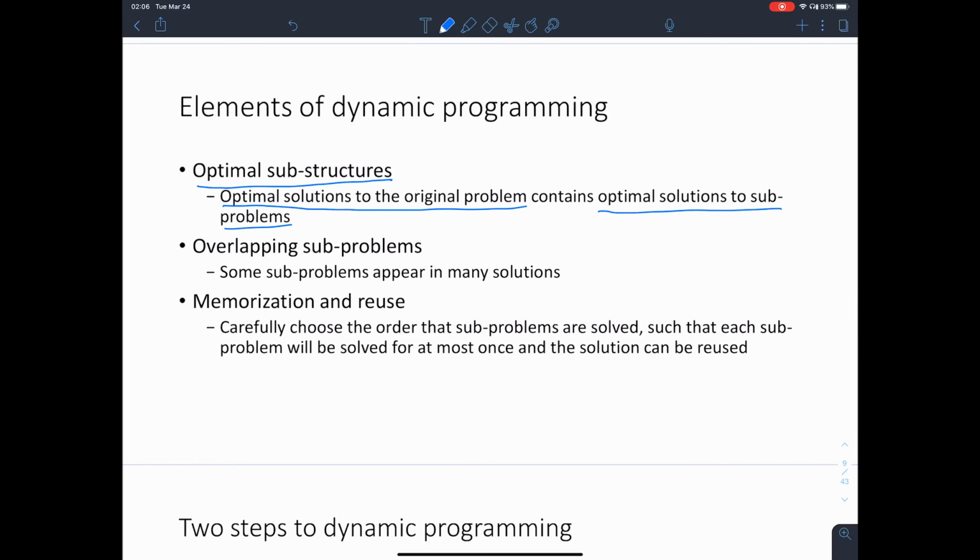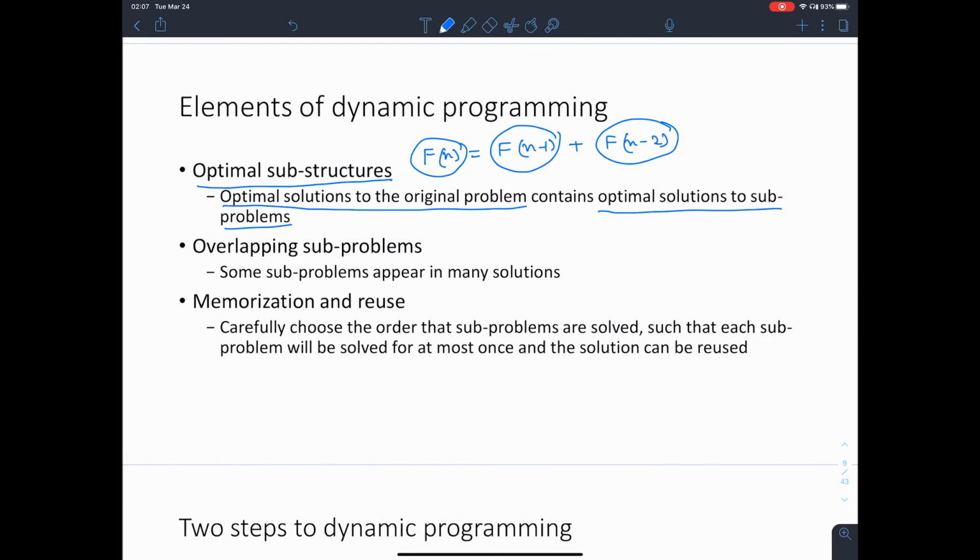In other words, if we think about our Fibonacci number problem, when we calculate f of n, we use the solution of f of n minus 1 and the solution of f of n minus 2. So what the optimal substructure is saying is that the optimal solution of f of n will contain the optimal solutions for f of n minus 1 and f of n minus 2.